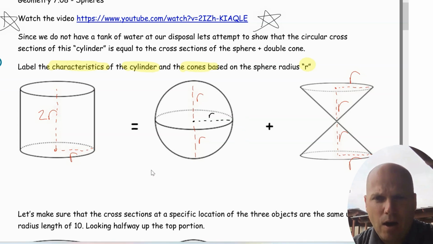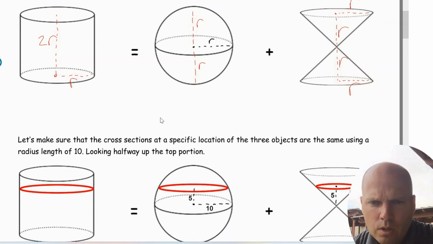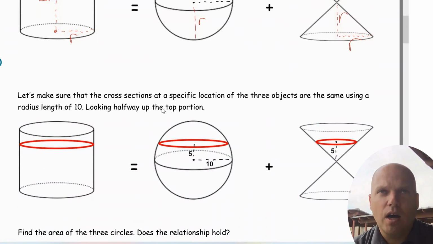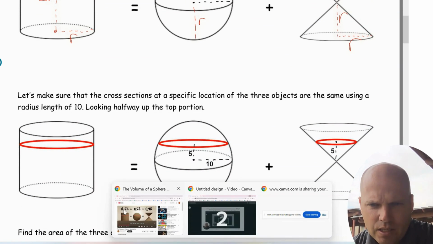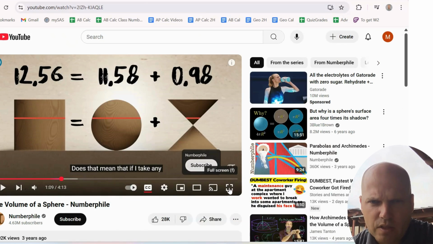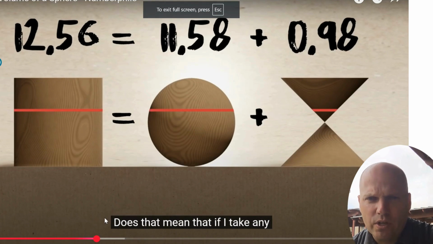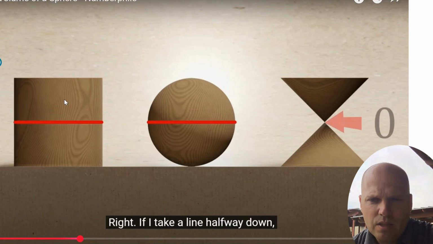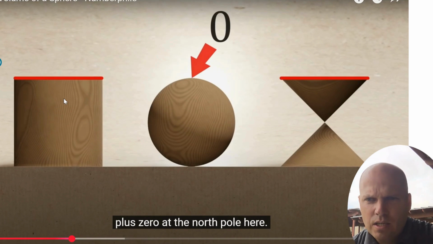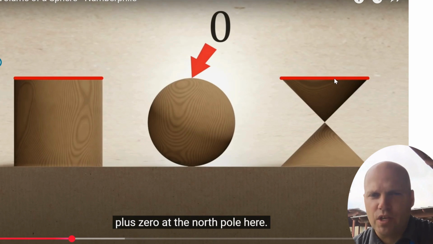Okay, now I'm going to have us check this part of the video right here, where he's like, hey, we understand the top of the cylinder will equal the top of the cone, and we understand that the sphere has no area at the top.